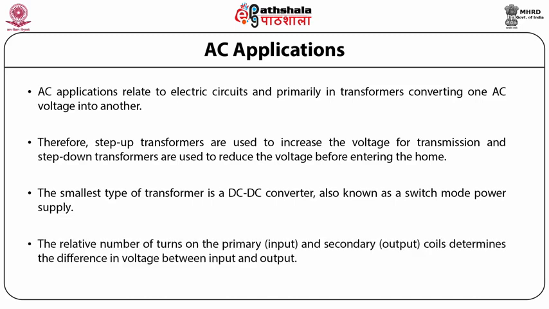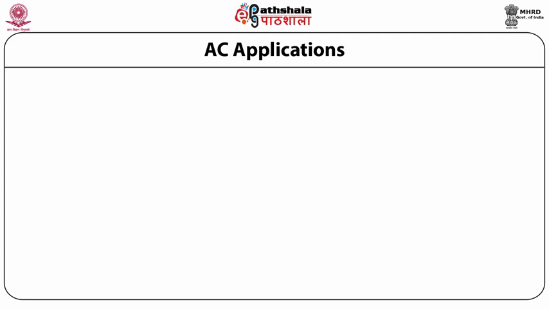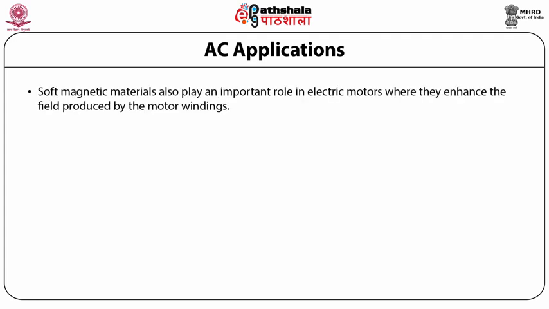The relative number of turns on the primary and secondary coils determines the difference in voltage between input and output. Soft magnetic materials also play an important role in electric motors, where they enhance the field produced by the motor windings. In permanent magnet motors, they are also used to channel the flux produced by the permanent magnets.